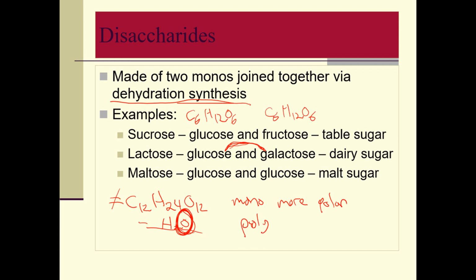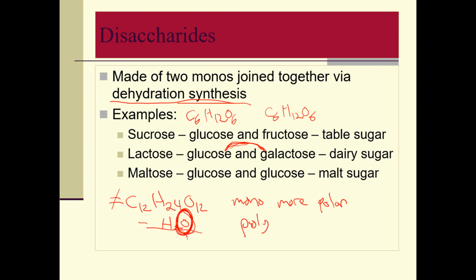Because as we keep adding these monosaccharides to it, we keep losing water and we keep losing that oxygen. And if you remember from chemistry, that oxygen is extremely electronegative. Okay, so the larger the carbohydrate, the effect of oxygen becomes less and less, and that's the important part.